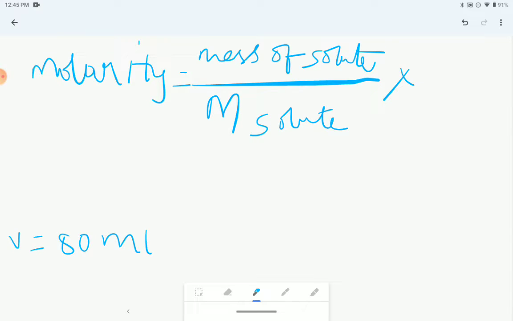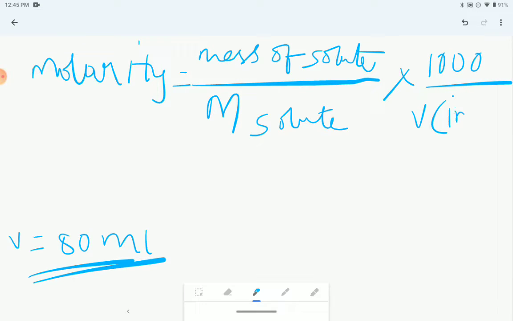If it is in liters, then it becomes 1 by V. So in case of milliliters, we write this as 1000 by V, otherwise we write it as 1 by V. Actually, the formula is 1 by V. So it is 1000 by V in milliliters as of now, because we found out volume in milliliters.